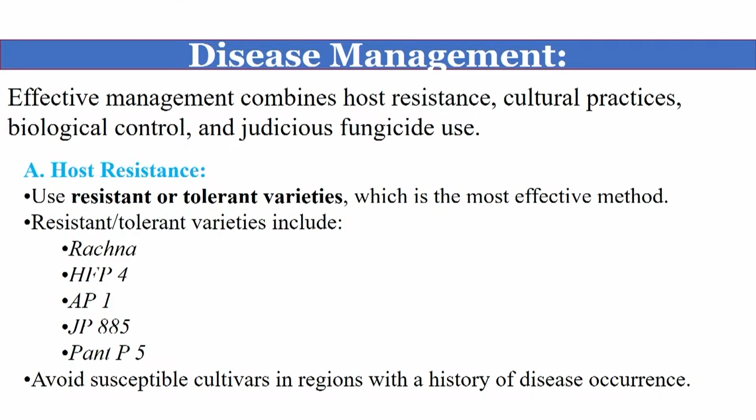Resistant or tolerant varieties available include Rachna, HFP4, AP1, JP885, Pant P5, and many other tolerant or resistant varieties. You have to avoid susceptible cultivars in regions with a history of the disease.